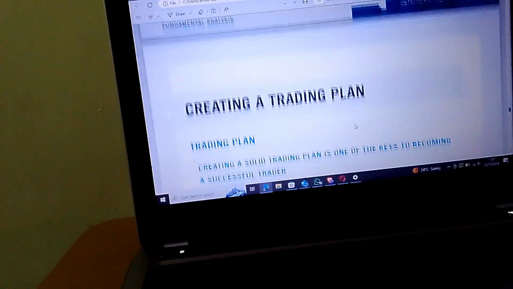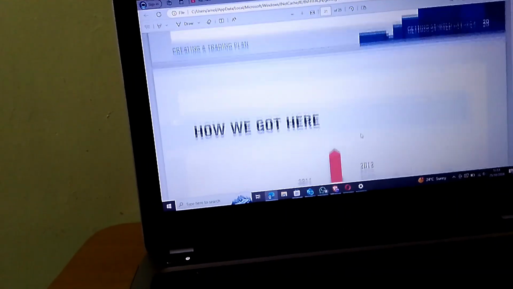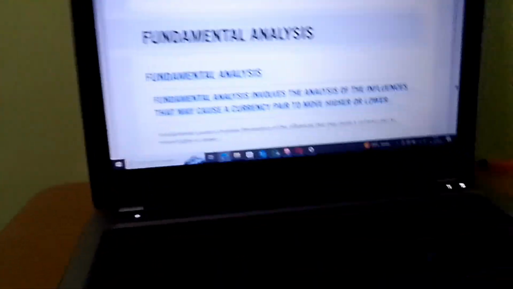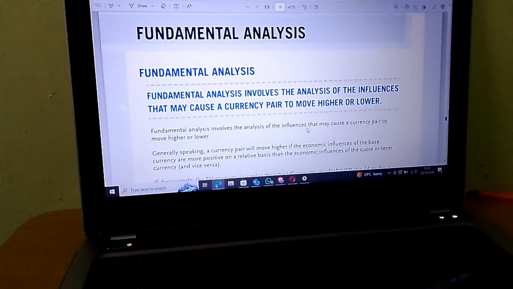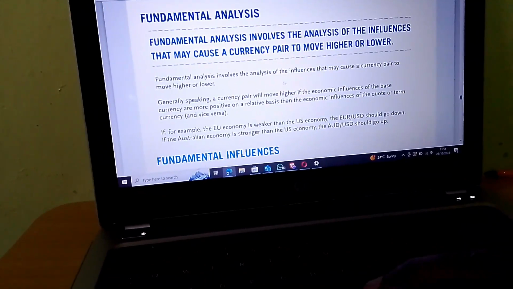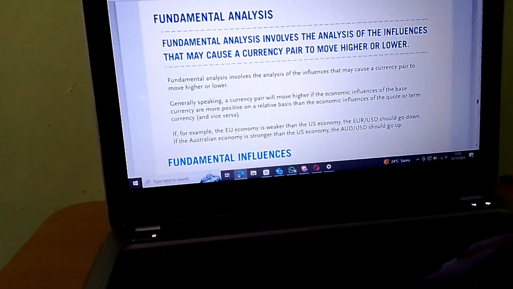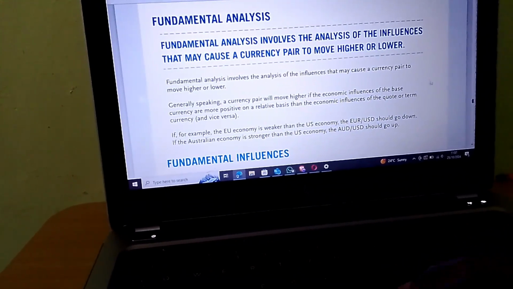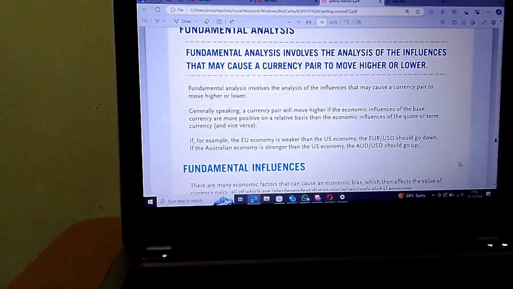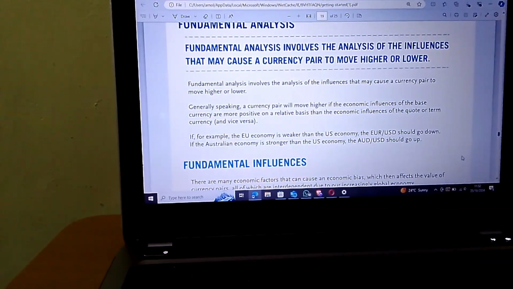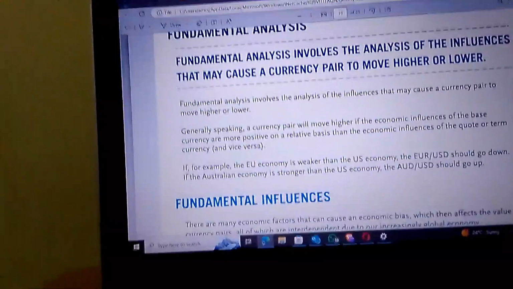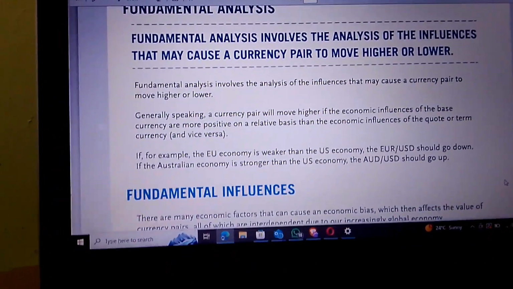I'll look for another book and then suggest what we'll be going through with that book. So, moving on to the next part, fundamental analysis. Fundamental analysis involves the analysis of influences that may cause a currency pair to move higher or lower. Generally speaking, a currency pair will move higher if the economic influences of the base currency are more positive on a relative basis than the economic influences of the quote or term currency.